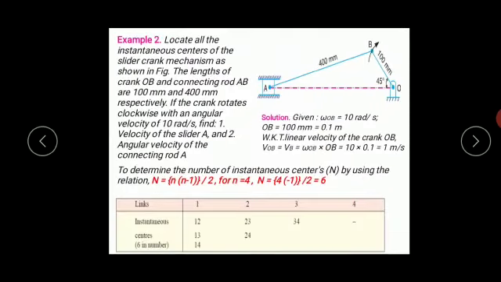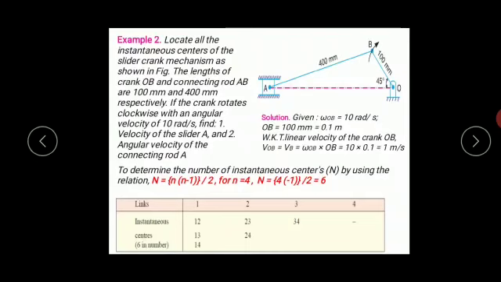In the problem we are given the angular velocity of crank OB, that is 10 radians per second, and the radius of the crank OB, that is 100 mm or 0.1 meter. Since we know the angular velocity of the crank, we can find the velocity of point B. The velocity of point B is omega OB into OB, that is the radius, which turns out to be 1 meter per second.